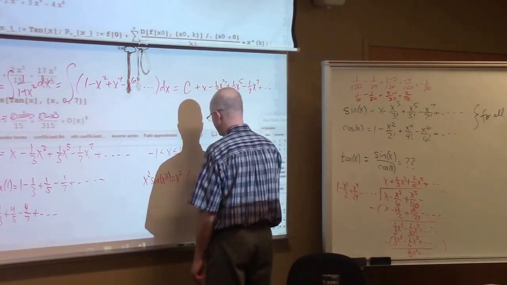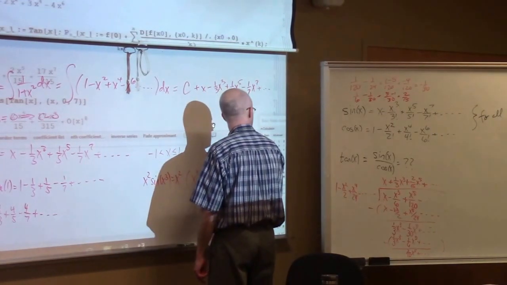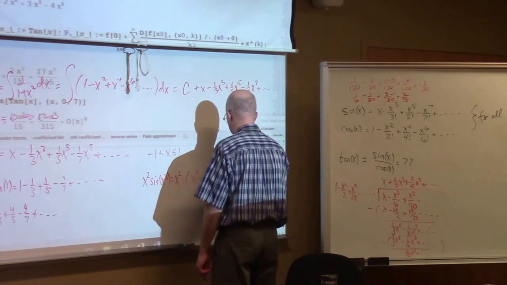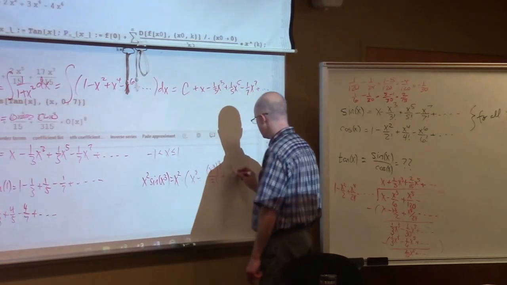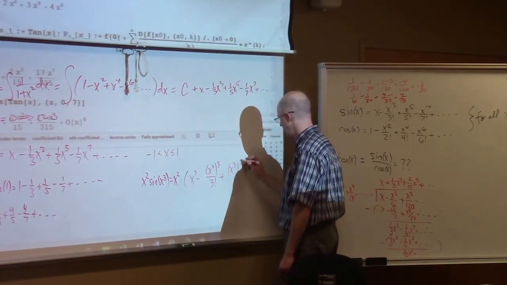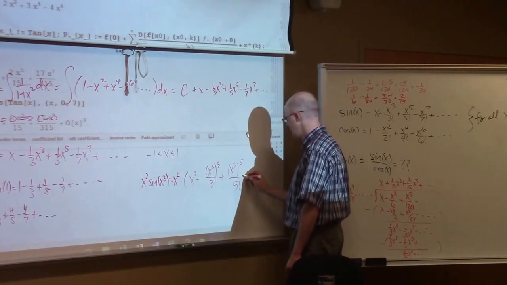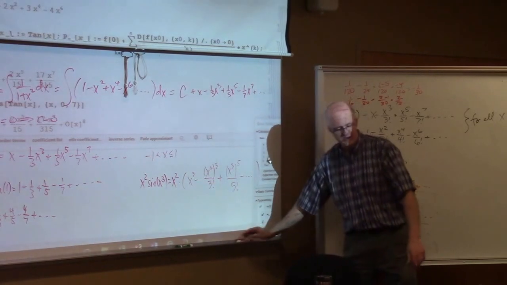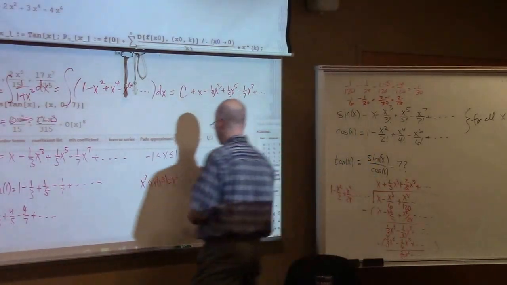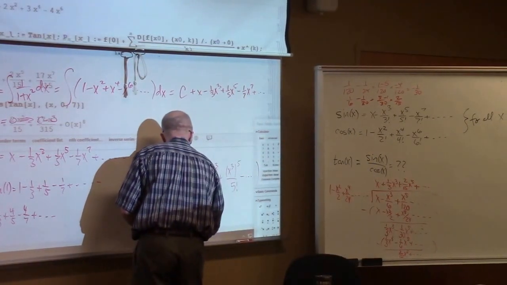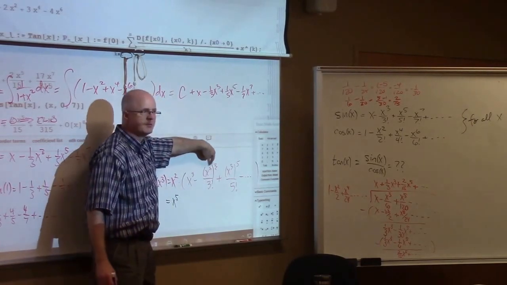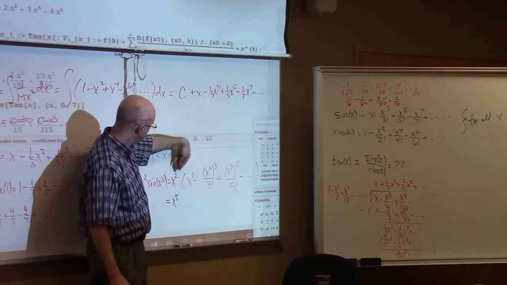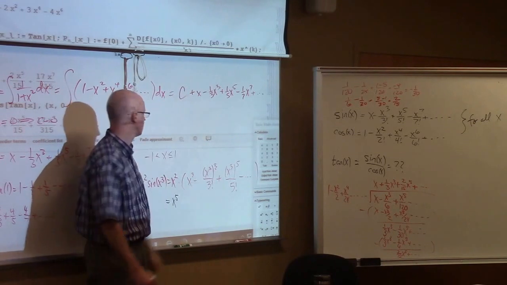Replace all those x's with x cubed. Like this. And then simplify. X squared times x cubed is x to the 5th. X cubed cubed is x to the 9th times x squared is x to the 11th.